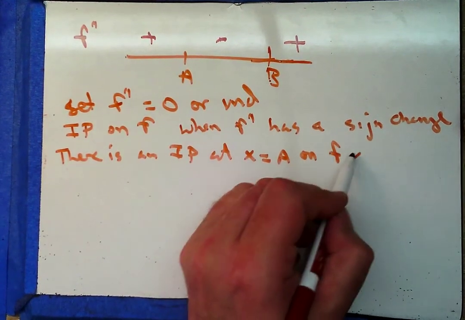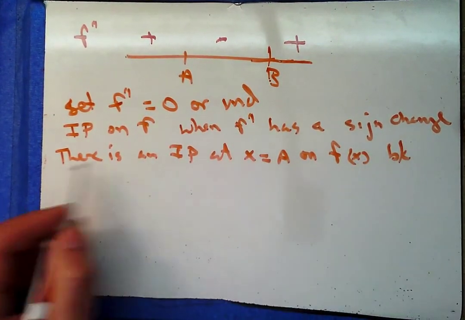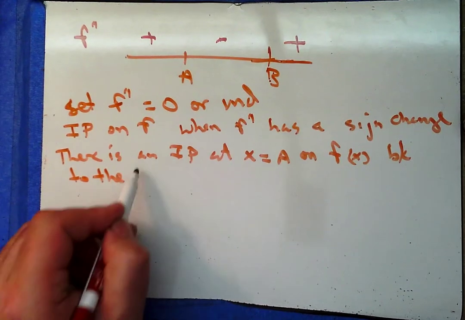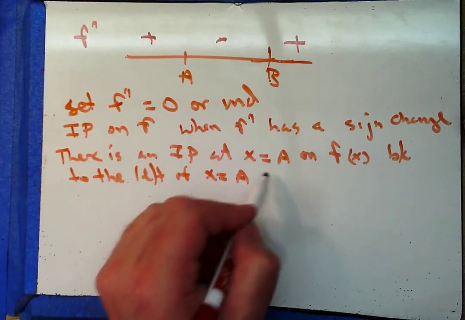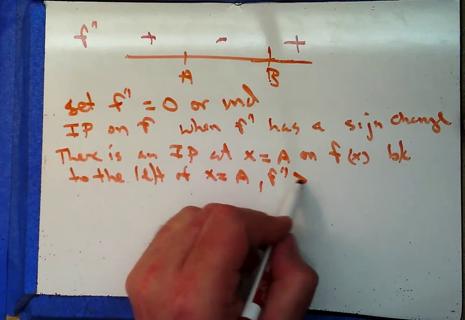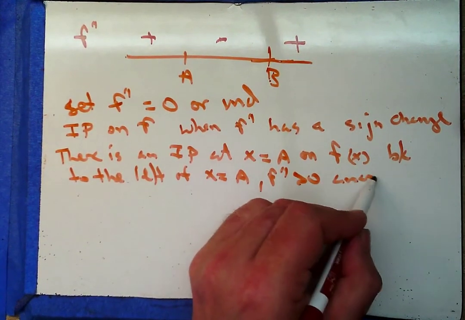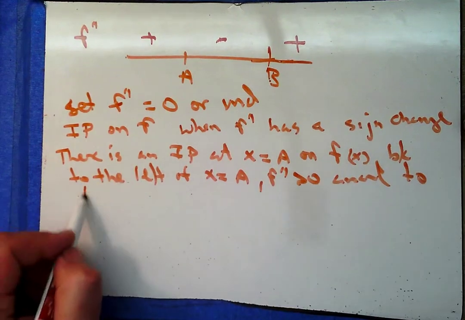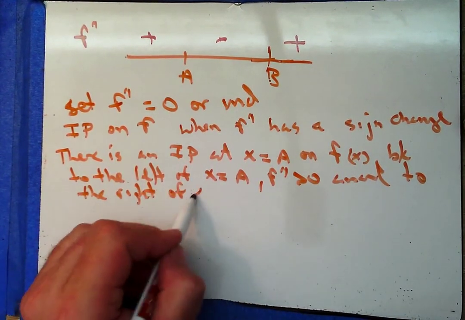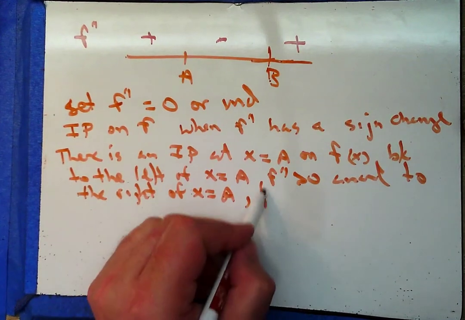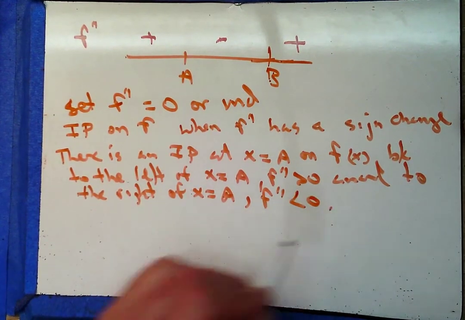on f of x, because to the left of x equals A, f double prime is greater than 0, and to the right of x equals A, f double prime is less than 0.